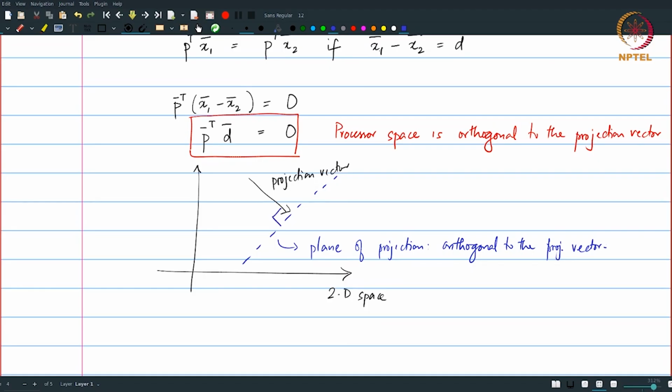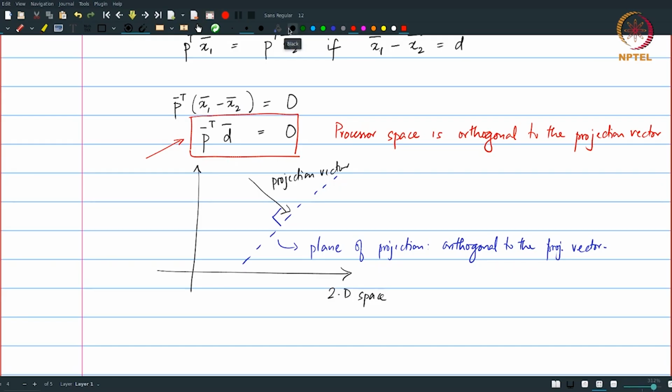This is sort of a simple way of visualizing what exactly is implied by the term projection vector as well as the processor space. As far as we are concerned, the important point is this particular property, which states that the processor space is orthogonal to the projection vector. P transpose D must be equal to 0.